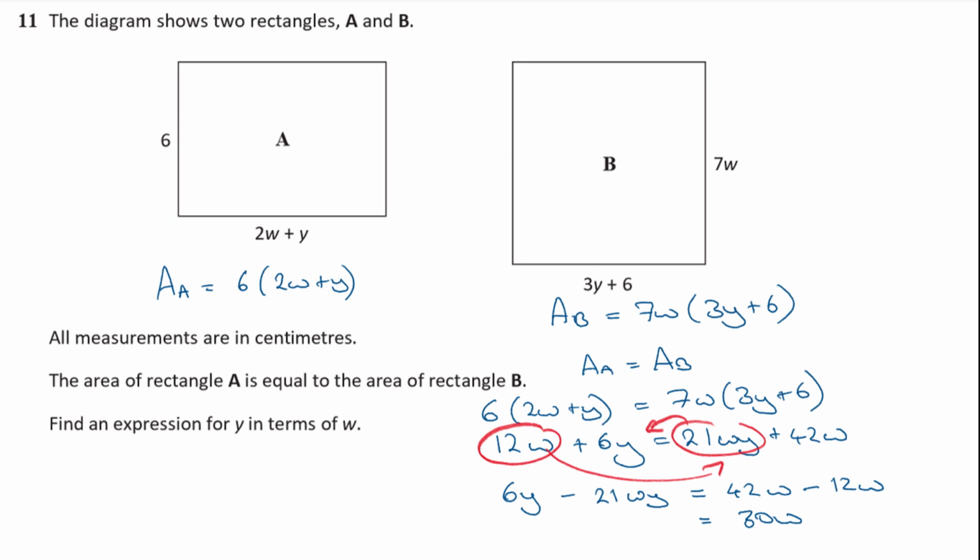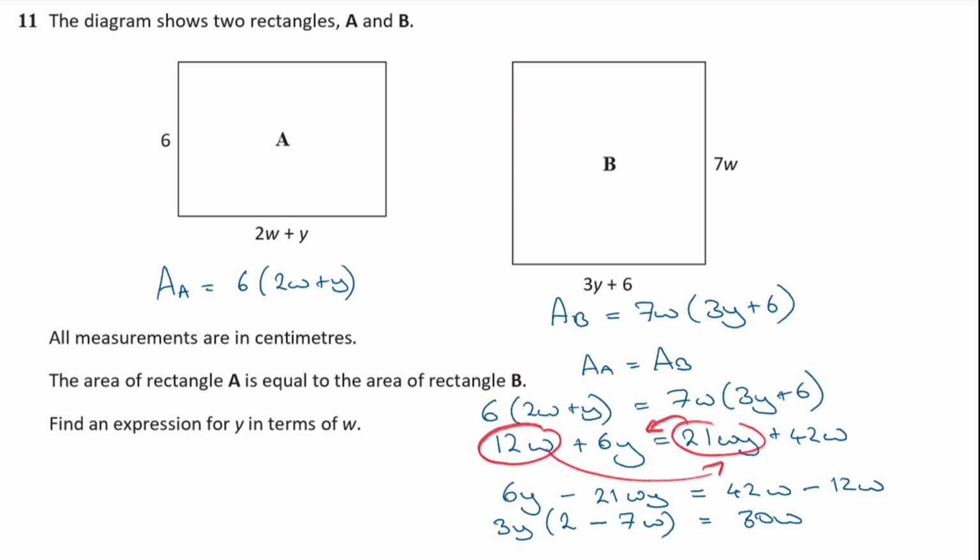Because 6 and 21 have a factor of 3. So I'm going to factorize out 3y out of these two terms. So 3y taken out of 6y is going to leave me with 2, and 3y taken out of 21wy is going to leave me with 7w. Okay, so I've got 3y lots of 2 minus 7w equals 30w.